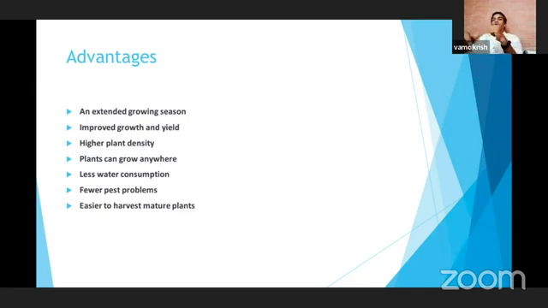Again, improved growth and yield. In the open field, a lot of pests attack the growth, but in hydroponics we have a controlling system, so growth is different from open field.